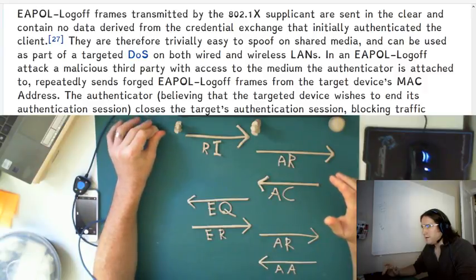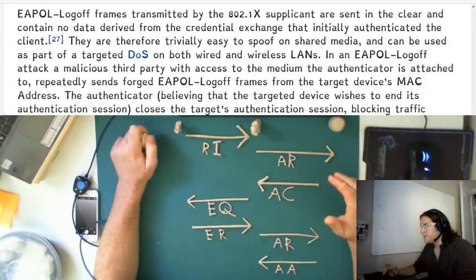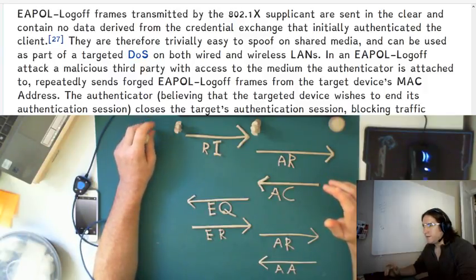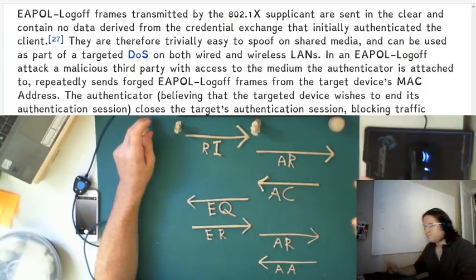They are therefore trivially easy to spoof on shared media and can be used as part of a targeted DoS on both wired and wireless LANs.